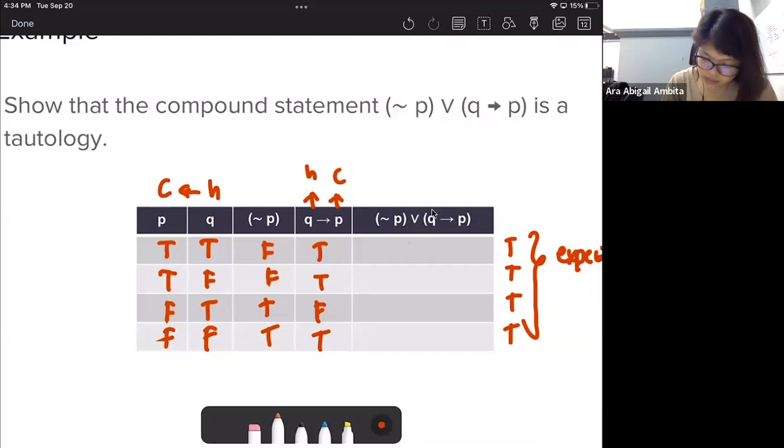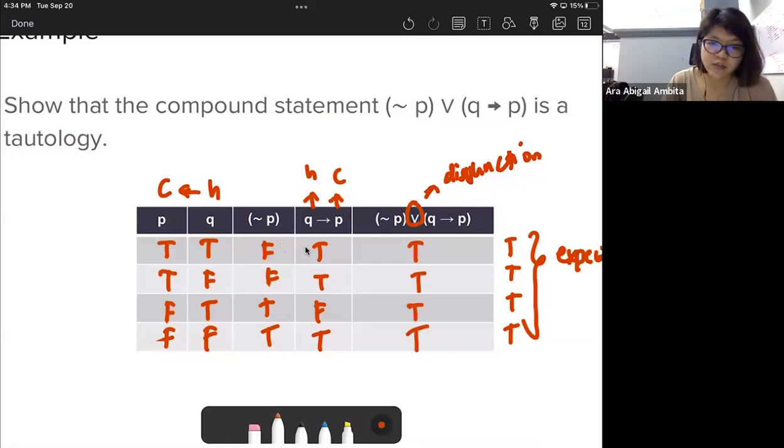Since this is again a disjunction, this will result in true if there is at least one true, and it will only be false if both are false. In this case, there is no combination that is both false. If we look at each of the rows, there is at least one true. So the results of this will be all true.